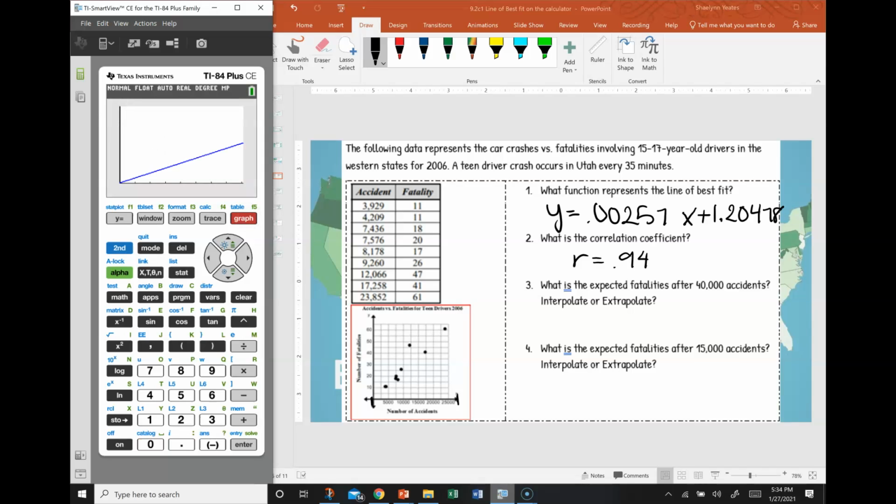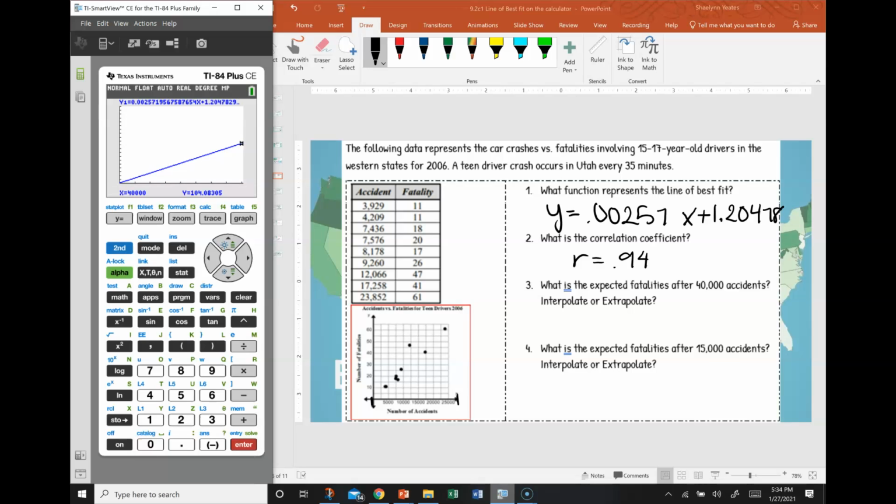So I'm going to hit graph. So there's my graph. Okay. Oh, and I should have changed my y scale to 10 because it's counting by 10 in my picture. So graph. Okay. So that's the graph for my data. Now I want to find out what the fatalities are after 40,000 accidents. So I'm going to hit trace. Then I'm going to type in 40,000.